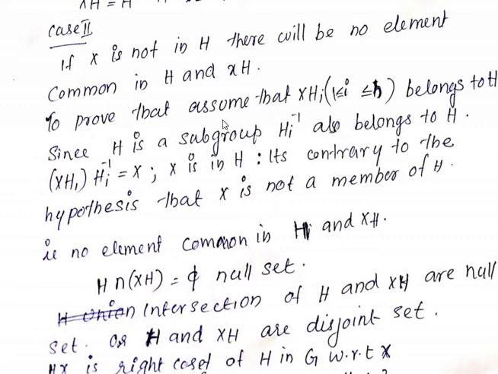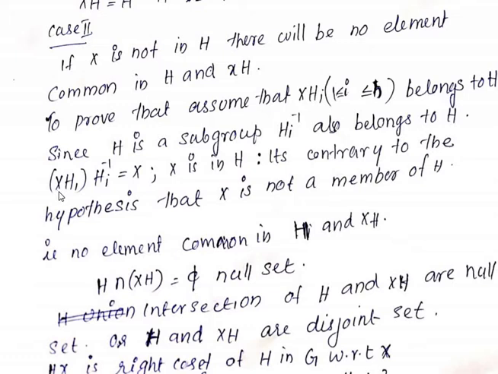So to prove that, assume that x hi belongs to H. Since H is a subgroup, hi inverse also belongs to H because it has to obey the axioms of the group.